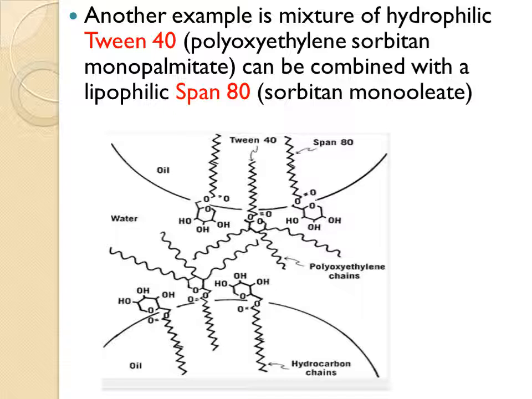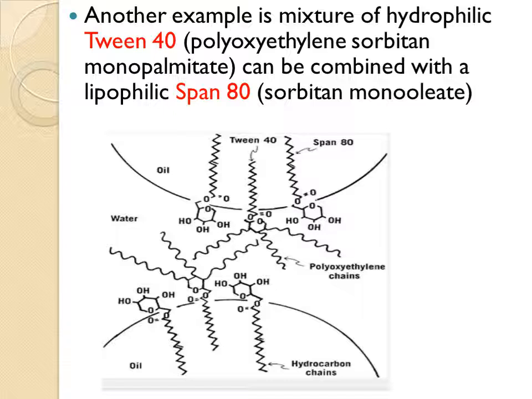This sorbitan head is bulky, and this bulky head prevents the attachment of the long chains present in the oil phase, which are more lipophilic in nature. These chains do not get attached together, and that is why it gives a more complex film.